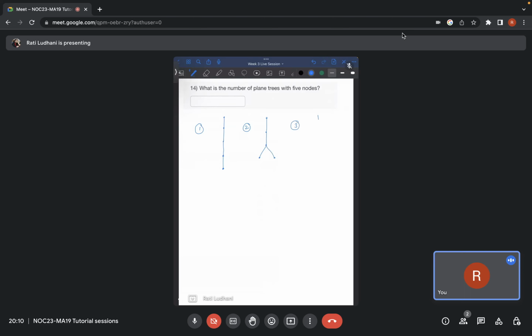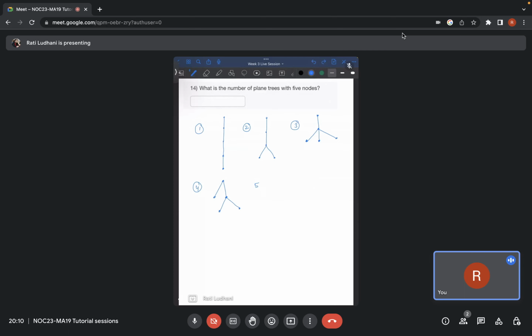Third, what can you take? You have 1 2, and here what can you modify? You can go this way, or you can have this, or this. Now what can you do? You take this 2 and you take 2 here.